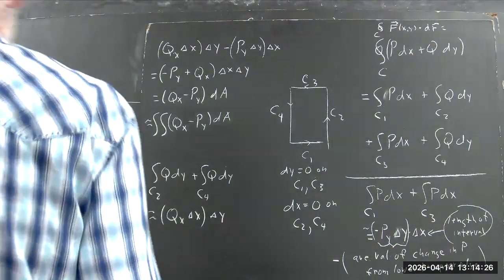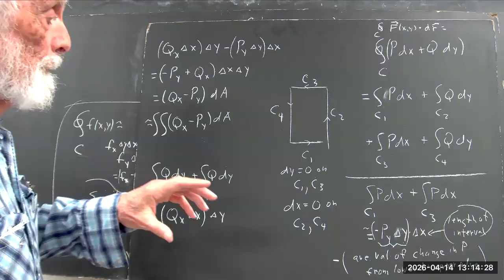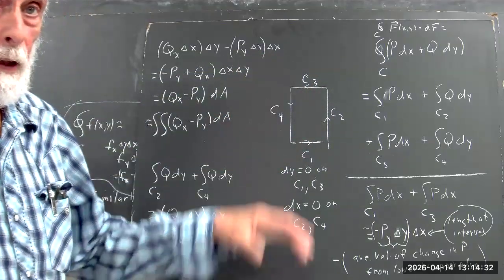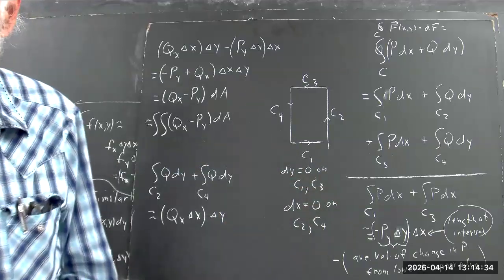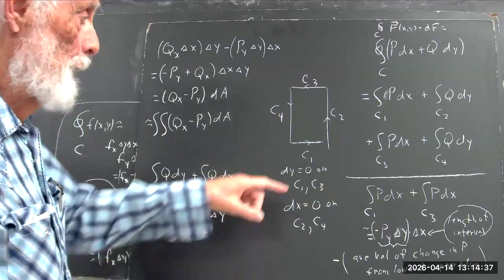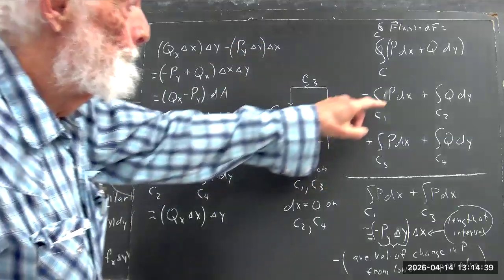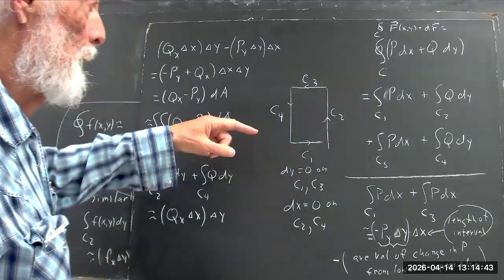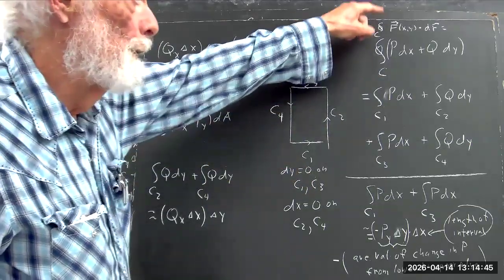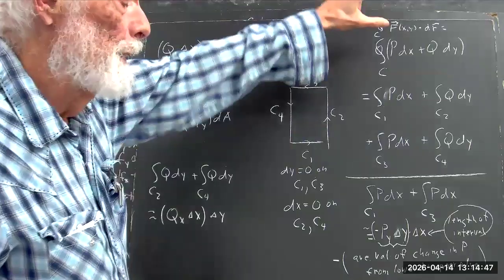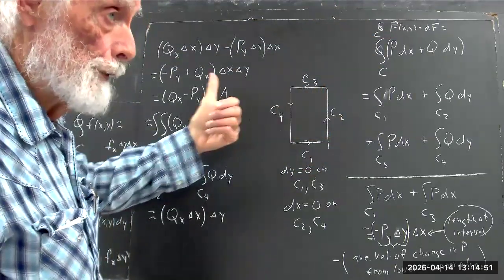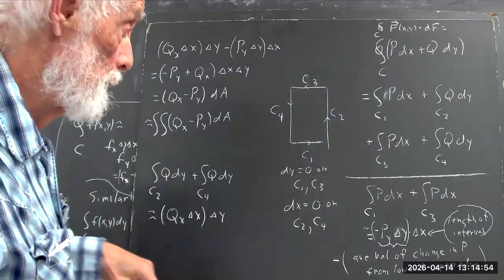Okay, final statement here. You have a rectangle with horizontal and vertical sides, X in the horizontal direction, Y in the vertical direction. The values of P, which is the part of our f of xy dot dr function that we have when we're integrating in the x direction, positive or negative.